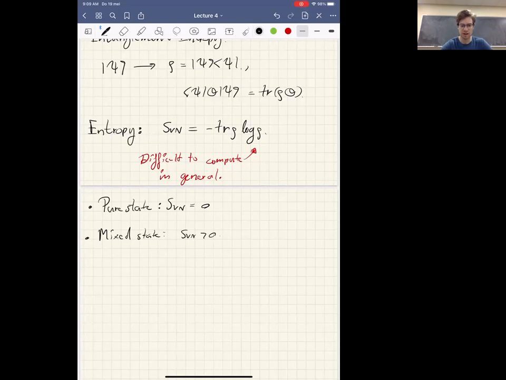Okay, so typically what you can do, let's say you're starting from a pure state, is look at subsystems, trace out the region outside of the subsystem that you're interested in, and then compute the von Neumann entropy of that. So let me write it down. If we start from a pure state, we can typically obtain a mixed state.